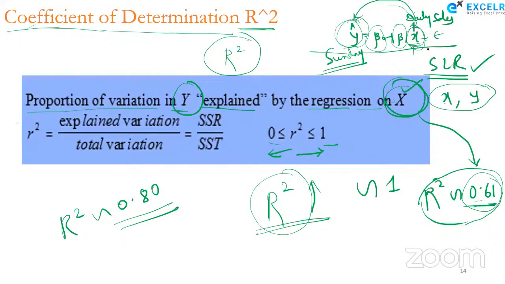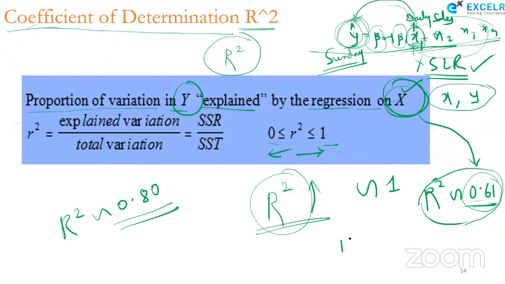Basically, y does not derive its value only from this x variable. Maybe this is just X1, and maybe there is X2, X3, X4. There are more features as well. So the y variable is deriving its value from multiple variables, in which case we cannot work with SLR.